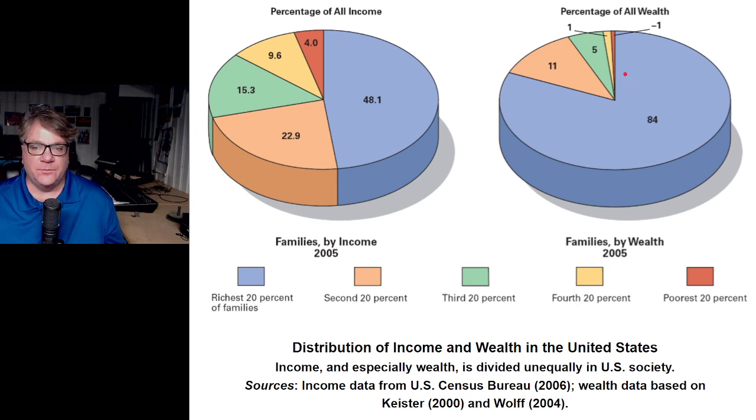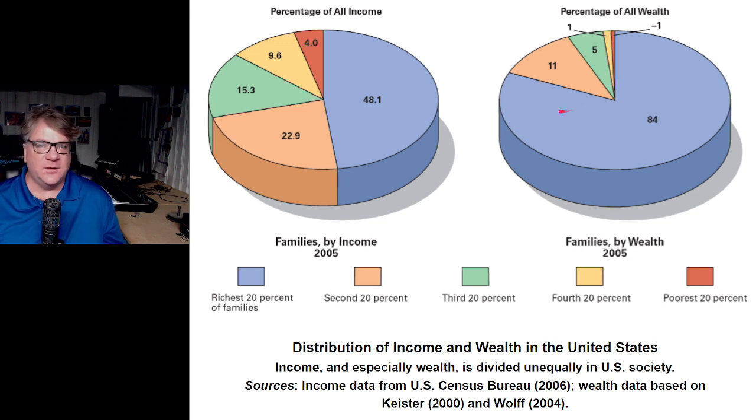And so 20% of families in the United States in 2005 were in debt. Okay. You move on up the ladder here. 1 minus 1 is 0. That's 40% of families in 2005 in the United States had no wealth. So they're living paycheck to paycheck. They're almost in debt. They probably have a little bit of debt here and there, right?